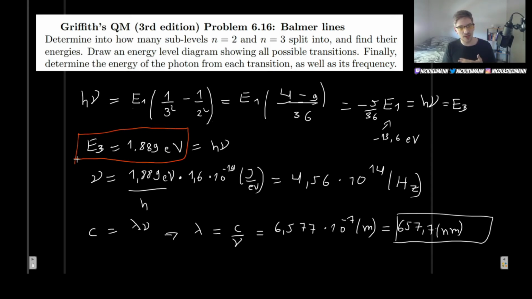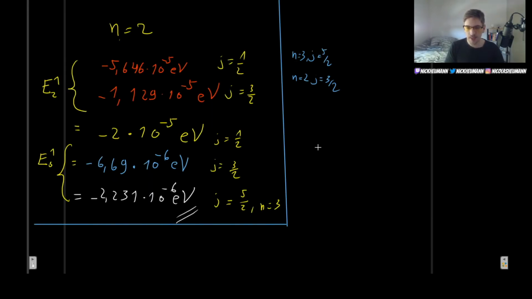Now we're only working with these little corrections. So the correction will be just what we find now, the difference between the two corrections. The difference between the correction to line number 2 and 3 is going to be the correction to the transition line itself in general, including the unperturbed case. I hope that made sense.